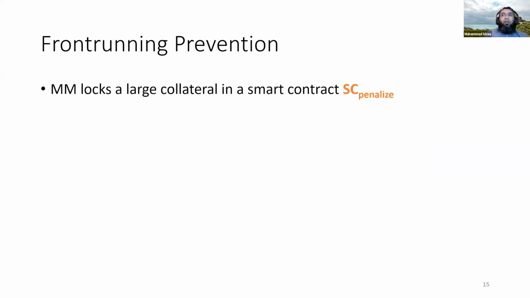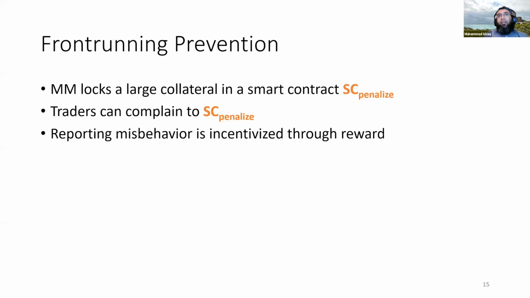So as part of the setup, even before the very first trade has happened, the market maker locks some collateral in a smart contract, and traders can complain to this smart contract if they detect misbehavior. In fact, they are incentivized to report misbehavior through a reward, right?